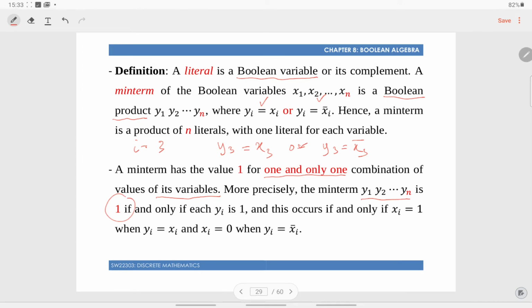Yi means each element in the minterm, and this occurs if and only if xi equal to 1 when yi equal to xi, and xi equal to 0 when yi equal to xi complement, because 0 complement is again equal to 1.